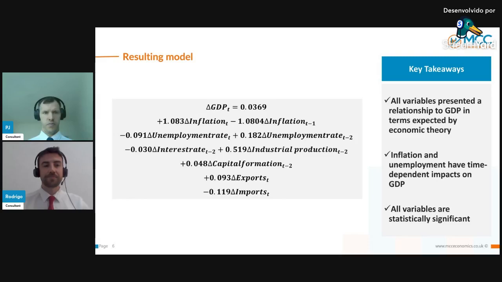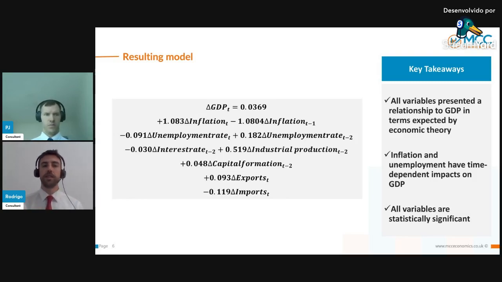But as sometimes is the case with multivariate models, you can have two variables that move relatively close together, and so when you include both of them, they will not be individually significant, but jointly, which means when we take the two of them together, they are statistically significant.